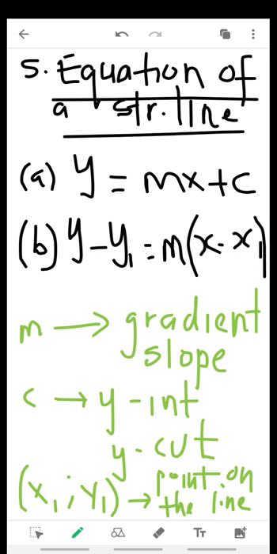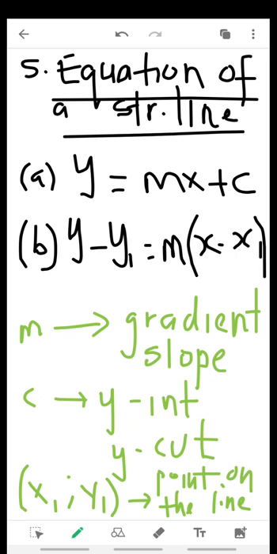Now, what is m? So m is what we've already covered, the gradient, the slope of a straight line. What is c? C, very important, please listen. Have you ever seen how a straight line looks when you draw it in a Cartesian plane and where it cuts the y-axis?